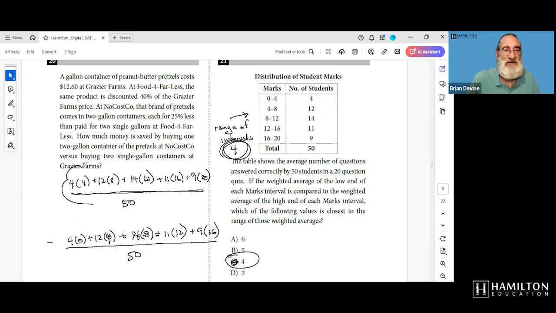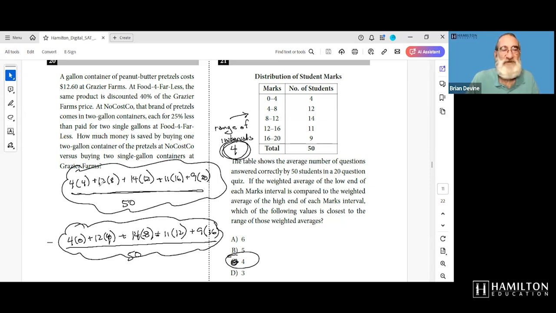Well, I'm going to get an average here that's really going to be all that times 4, and then an average here. And if I look at the differences of the two, it's just going to be 4 times 4 minus 0, 12 times 8 minus 4, 14 times 12 minus 8. It's just going to be 4, 4, 4 all the way through. So that cements that C should be the correct answer here.